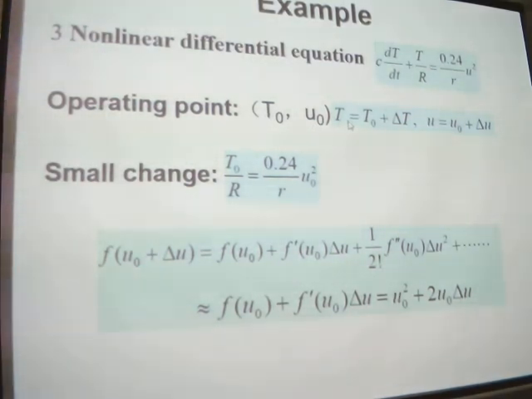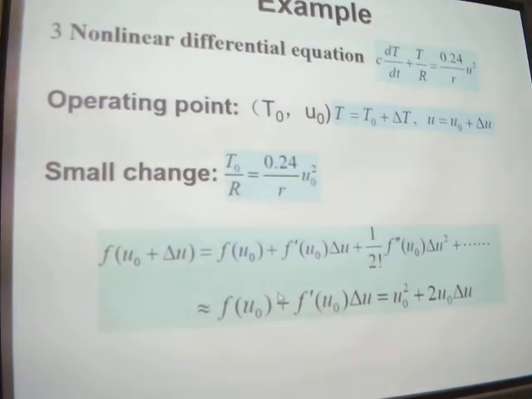Now, t is equal to t0 plus delta t, u is equal to u0 plus delta u. This is a small change. Then we have this Taylor series.